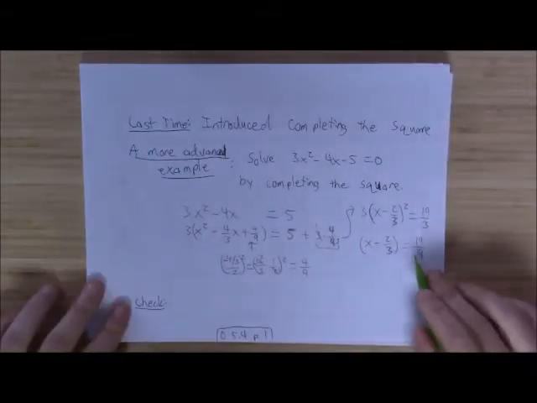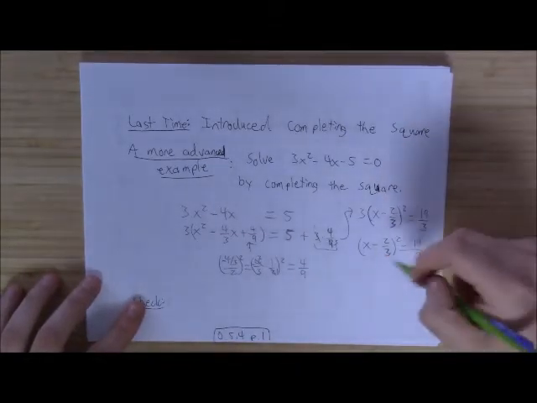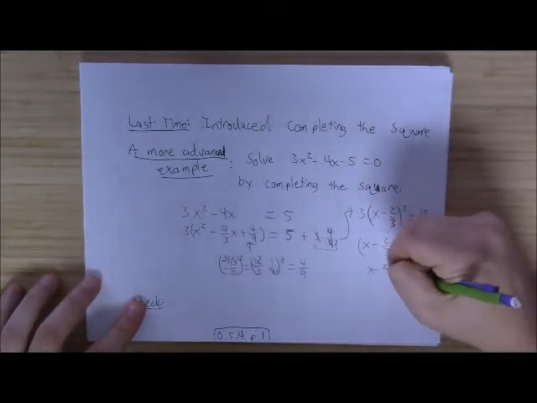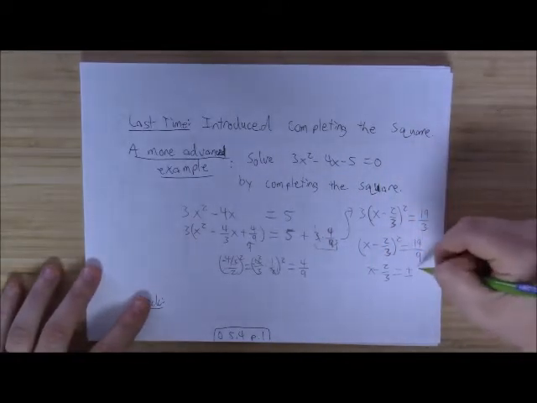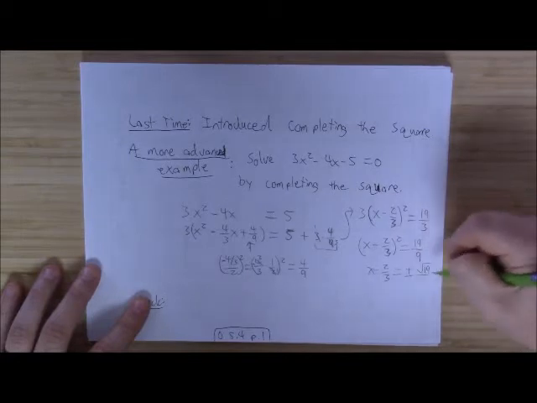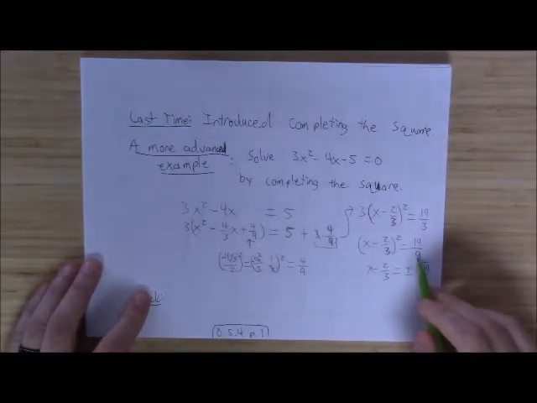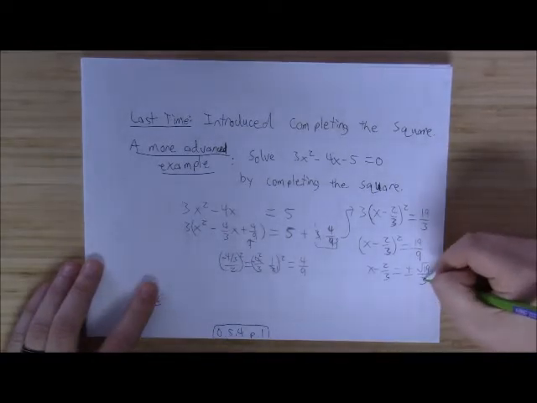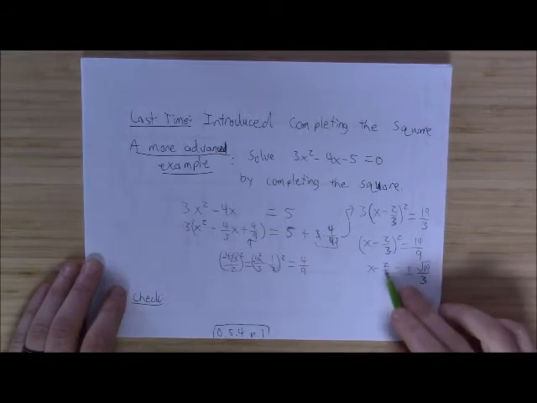And that's squared, so now I take the square root, and I get x minus 2/3 equals plus or minus the square root of 19, because 19 is prime, so I can't do anything with it, divided by the square root of 9, which is 3. Again, I added a plus or minus because I'm taking the square root.